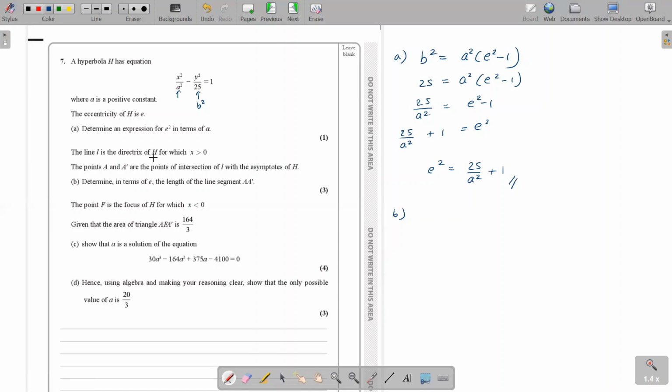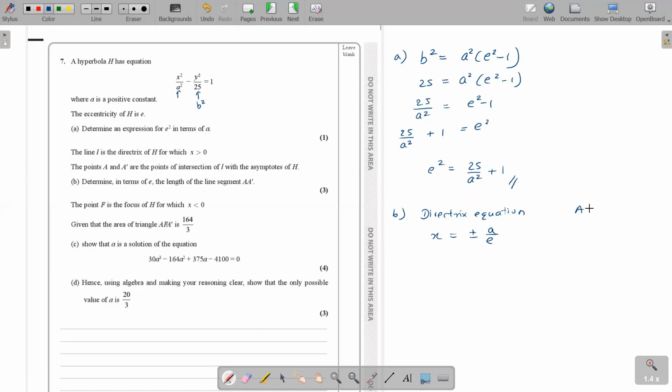First let's get the directrix. What are the equations of the directrix of a hyperbola? x equals plus or minus a over e, right? So these are the directrix equations of a hyperbola.